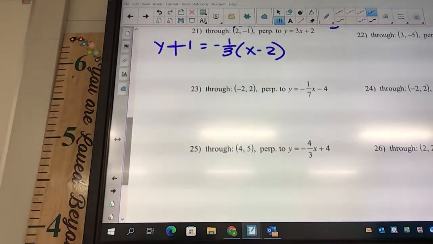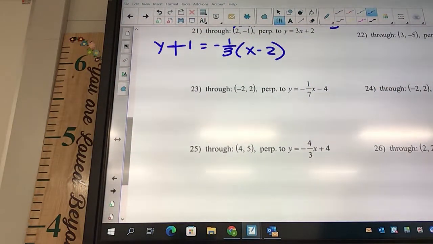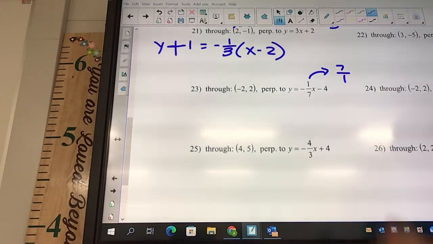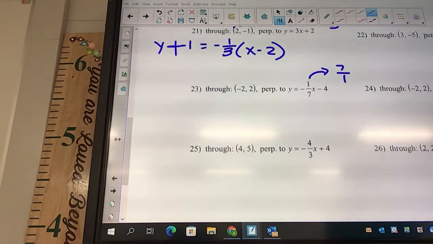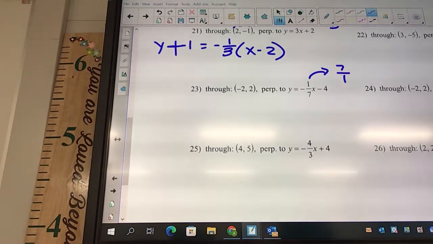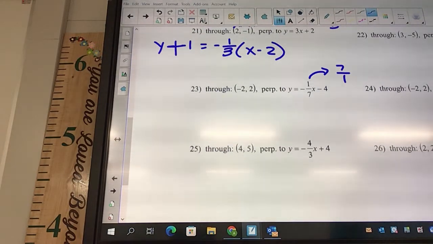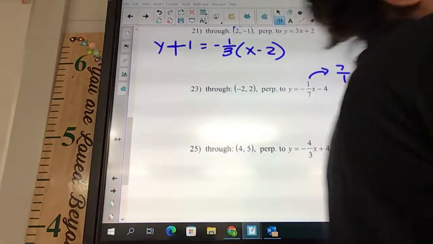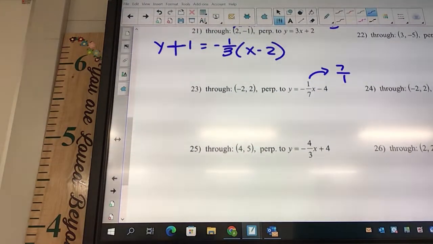Okay, 23. Same thing, it's another perp. So you're going to flip it. So you're going to get 7/1, and you need to change it. Should it be a negative or positive? Should be a positive. And what is 7/1? 7. It's just 7. Do we ever write 7/1? No, it looks goofy.